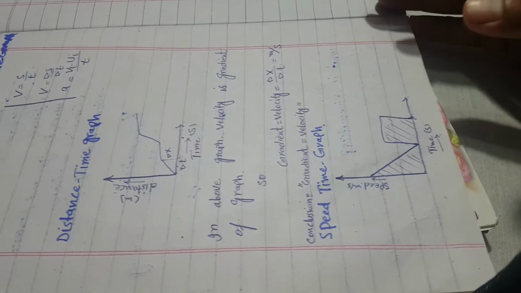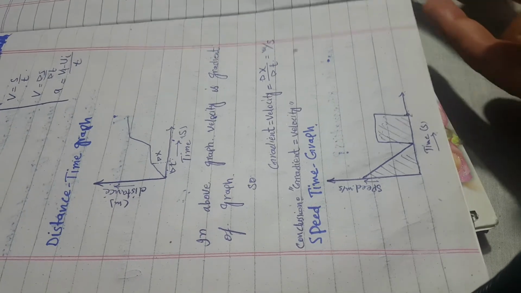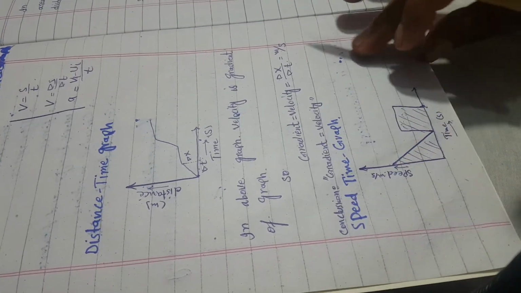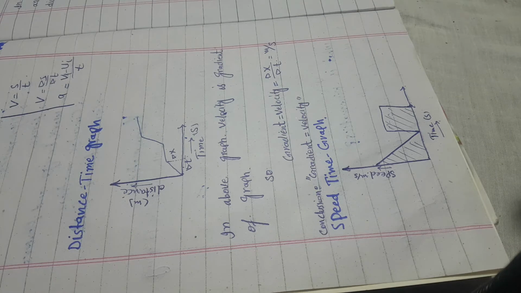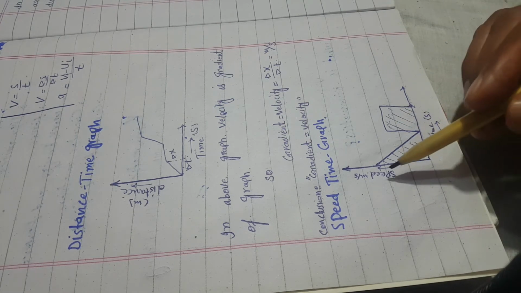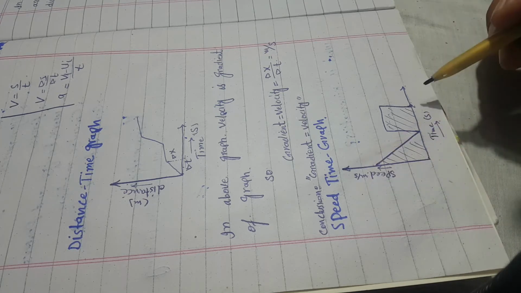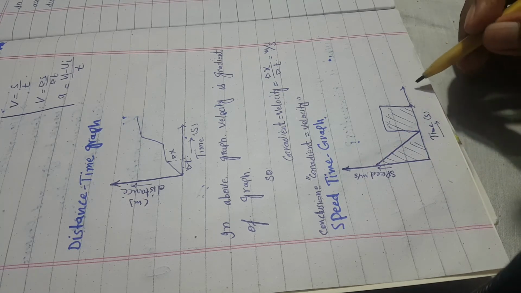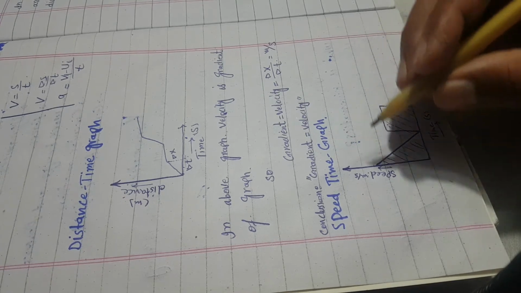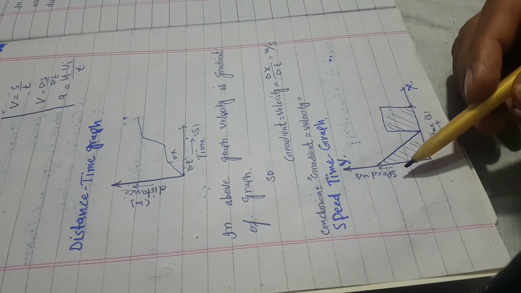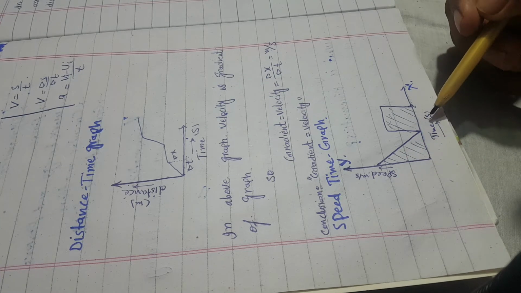Next we will discuss the displacement time graph and speed time graph. In the speed time graph, if we plot a graph between speed and time, time is along the x-axis and speed along the y-axis, because speed is a time dependent quantity.